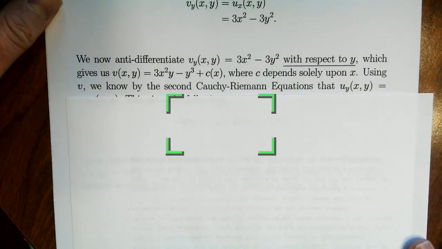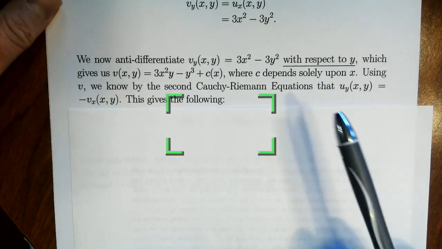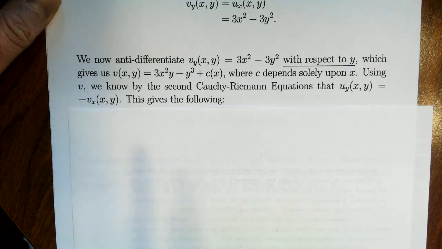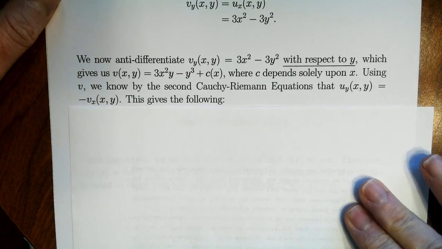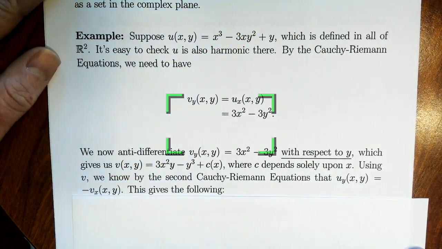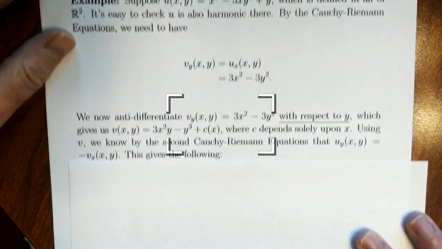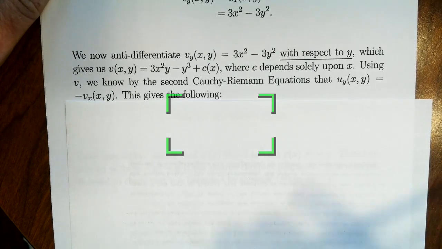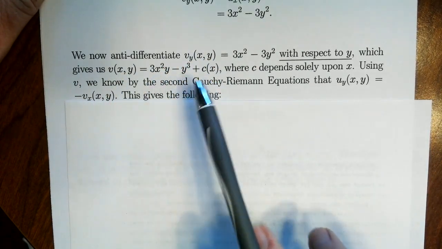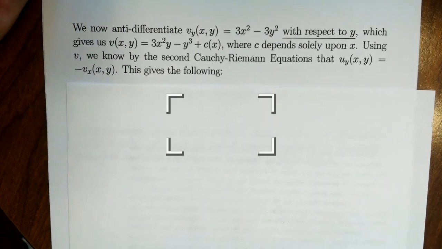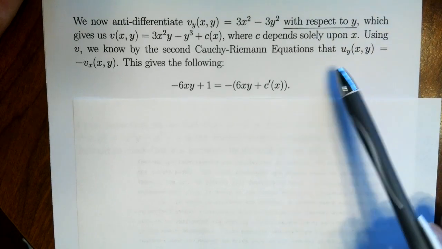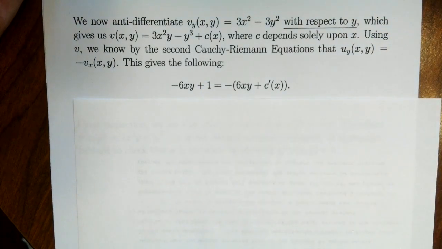Now on the other hand, the second Cauchy-Riemann equation says that the partial of u with respect to y has to equal minus the partial of v with respect to x. The partial of u with respect to y, we can see from up here, is minus 6xy plus 1. If we set the two equal to each other, the partial of u with respect to y is minus 6xy plus 1.